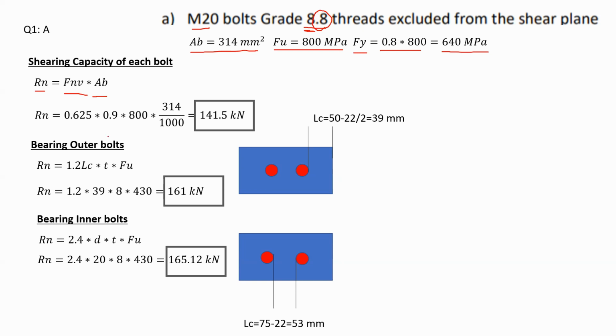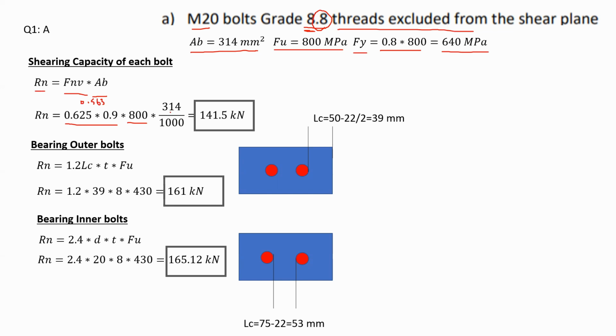Since part A says that the threads are excluded from the shear plane, I would multiply 0.625 by 0.9, which is something you can recall, 0.563, multiplied by F ultimate, because the threads are excluded from the shear plane, and lastly multiplied by the area of each bolt.